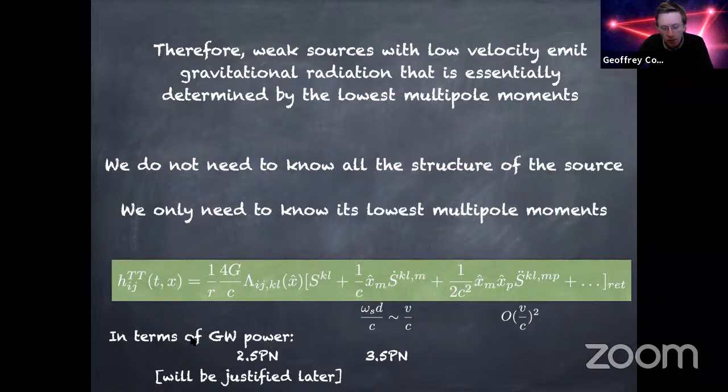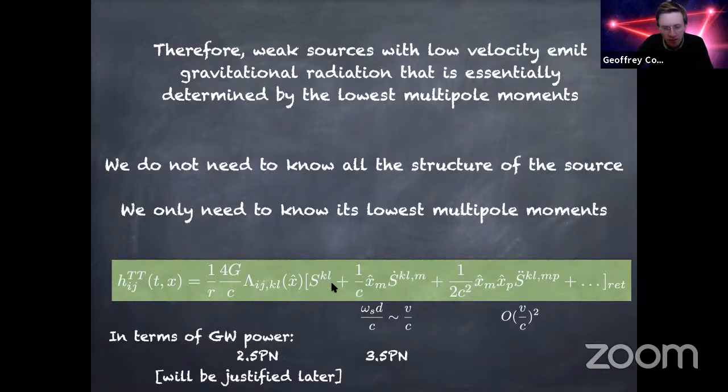So remember that the gravitational wave power is a square of h. So you will have to take derivatives and take a square. This one we will see later on is a 2.5 post-Newtonian effect. I did not prove that yet, but you can already see that here you have a v over c subleading term. So in the post-Newtonian formalism, you count by square powers of v over c. So this is a half post-Newtonian correction.